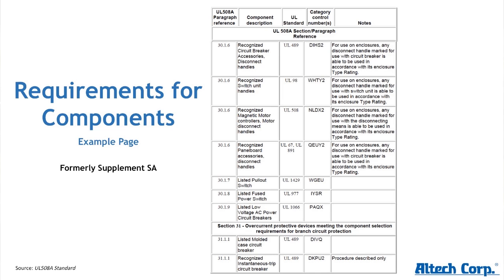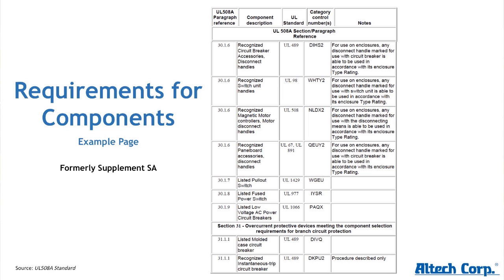You can find a list of essentially every component which is already vetted by UL through various other tests, through various other standards, to be used in a UL 508A UL approved panel.